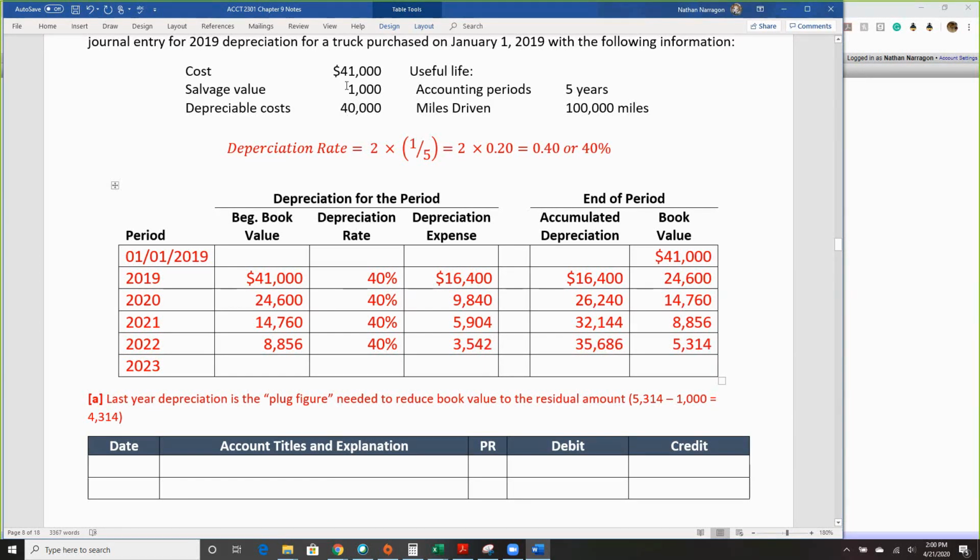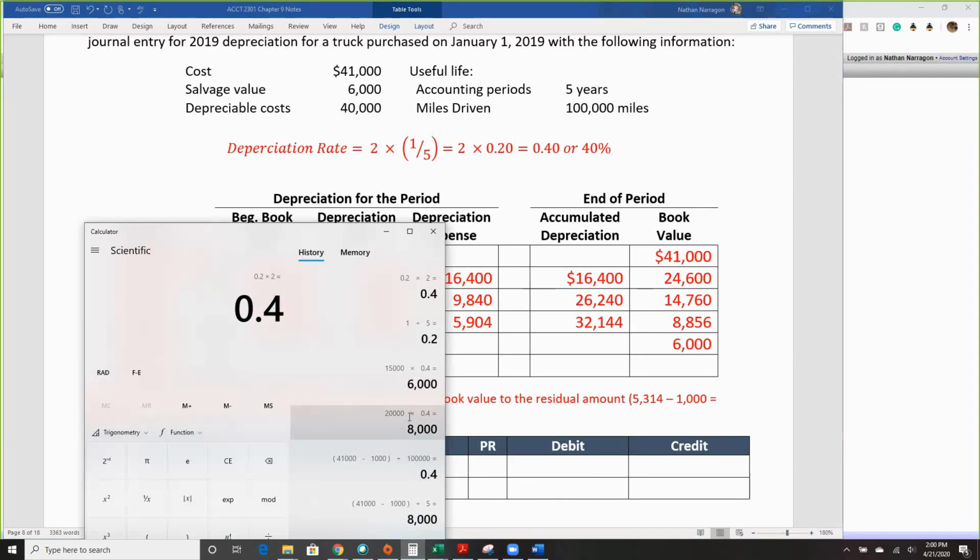So if we say that salvage value was actually 6,000. This year right here, since it's going below, I cannot use the calculation. The reason is it's gone below that salvage value. So my salvage value has to be 6,000. Because of this, in this scenario, I have to take the difference of these two, which is about 2,856.